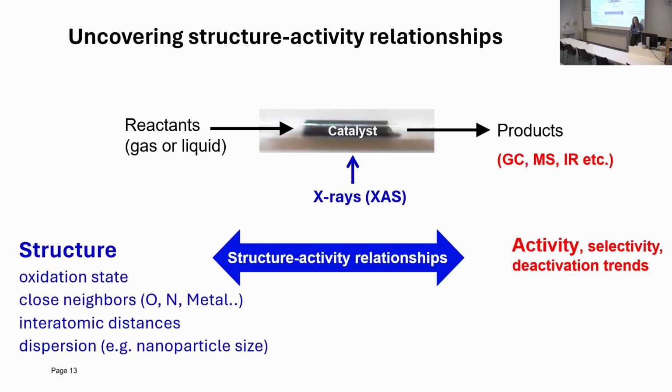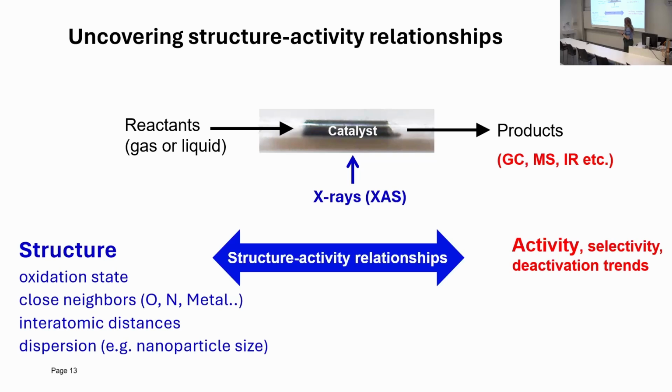This uncovering of structure-activity correlations is depicted schematically on this slide. For example, if we study a heterogeneous catalyst, we put it in a small reactor, for example made of a quartz tube. It's a powder catalyst. We send reactants through it in gas or liquid form, and we measure the products.